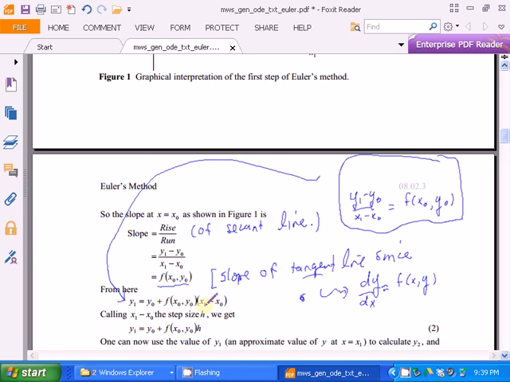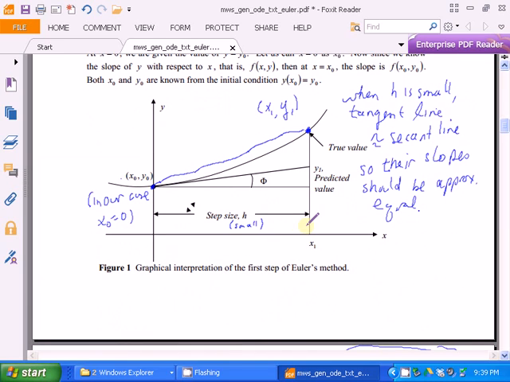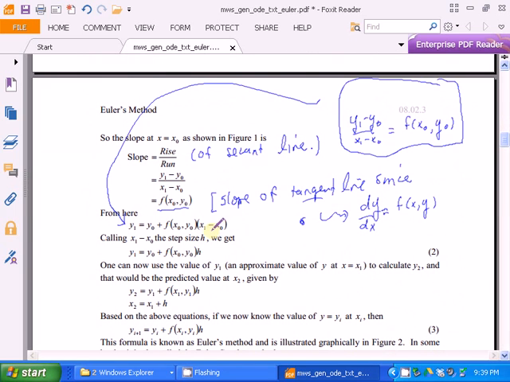Well, what is x1 minus x0? Go up to this picture here. x1 was the value of x that's slightly bigger than x0, and the difference between these two was equal to the step size h. So that's exactly what we have here. We can replace this x1 minus x0 with h, and here we have our Euler's equation.